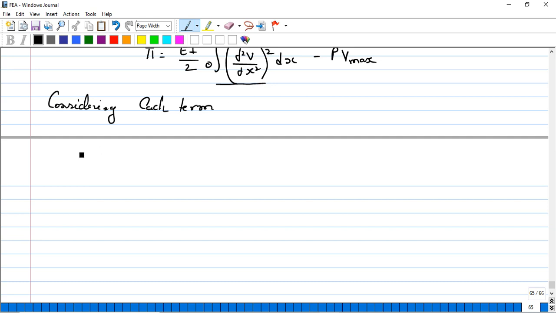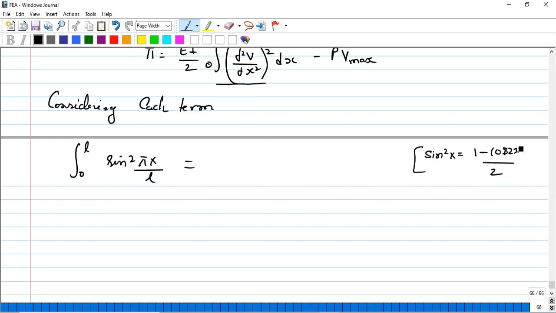So first is the integral from 0 to L of sine square pi x by L. We know the formula that sine square x can be written as (1 minus cos 2x) by 2.